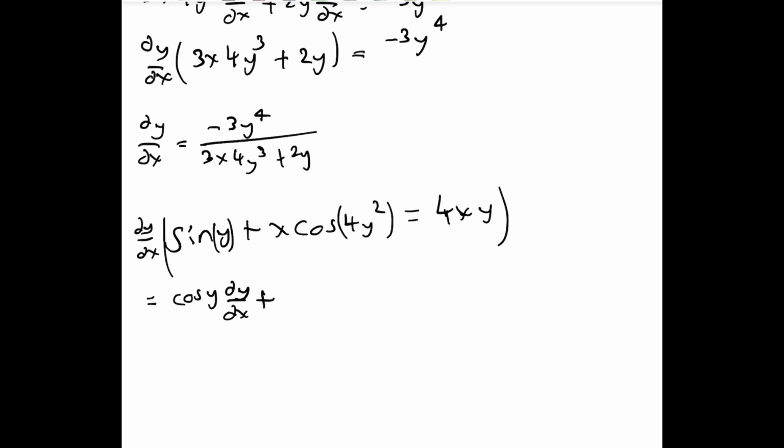Now the second term is a product rule. We have a function, just x, and a different function, cosine of 4y squared.